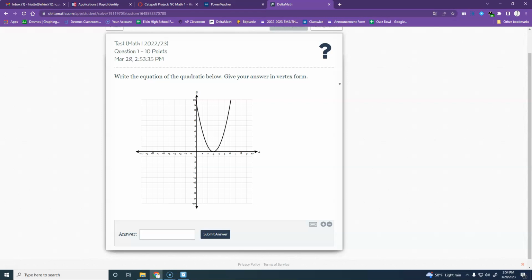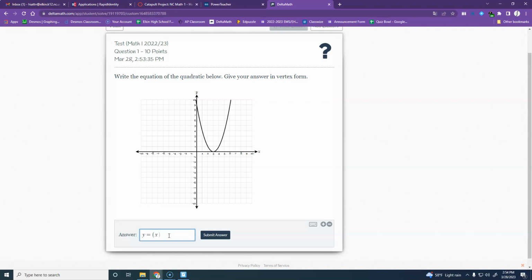Let's do this first one together. What has happened to this quadratic? It's been moved right 3. So when I write my equation for that, I'm going to have y equals, does the 3 need to be on the outside or the inside of the parentheses? Inside.